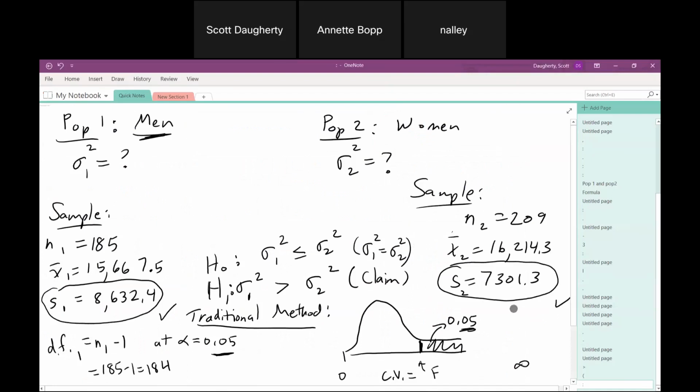Whereas over here, the degree of freedom for the second one would be 1 less than the sample size here, which would be 208. Again, this one's labeled 1, right? This one's labeled 2. So it's important that you get the labeling correct. Remember, 1 has the larger sample standard deviation. It matters on the table.